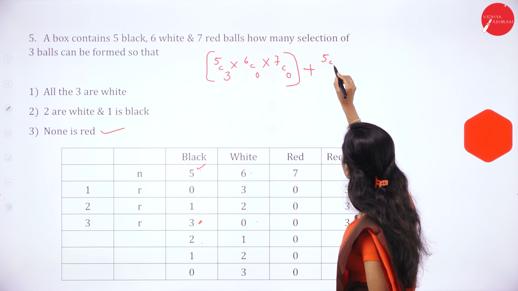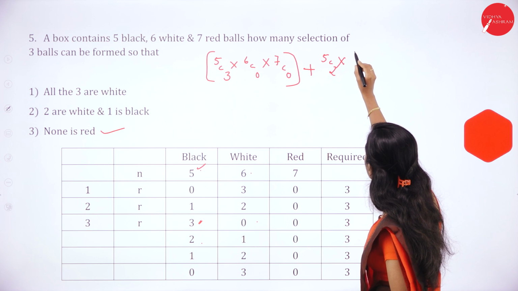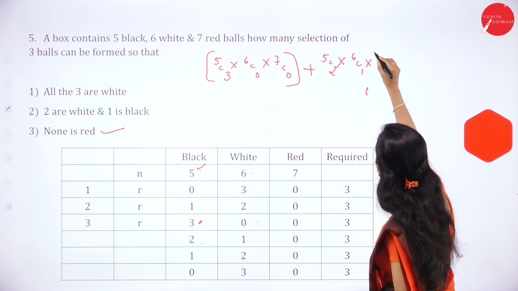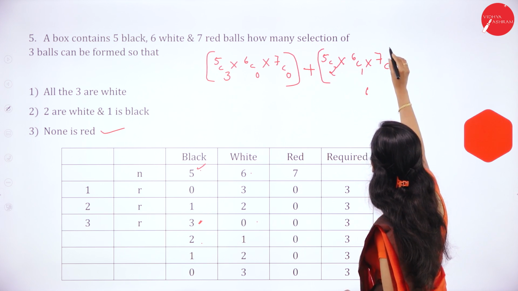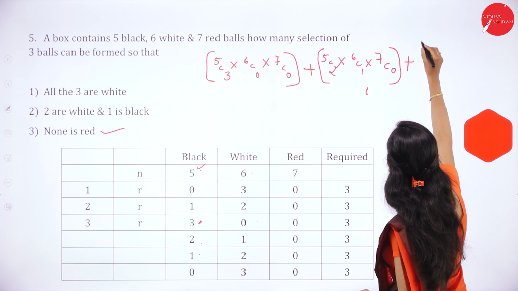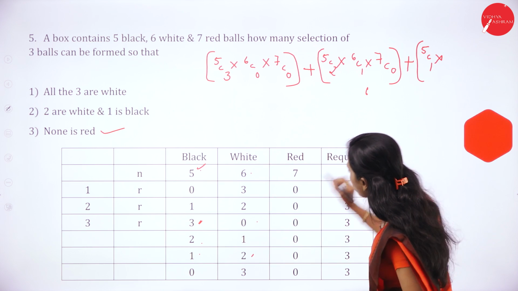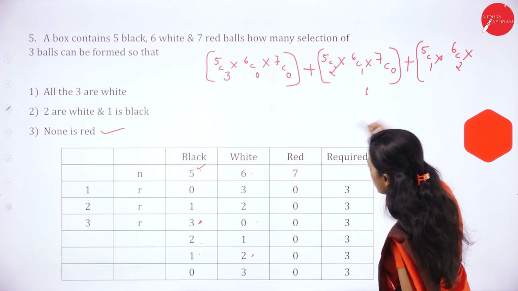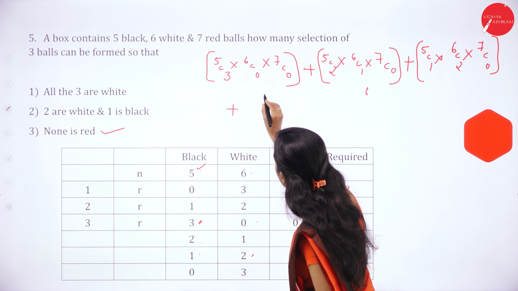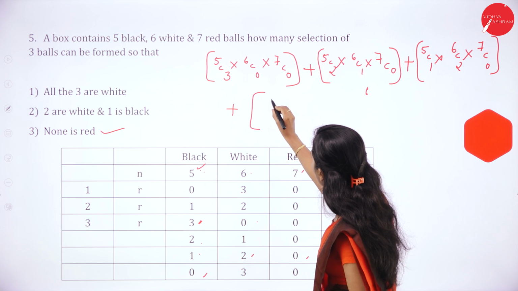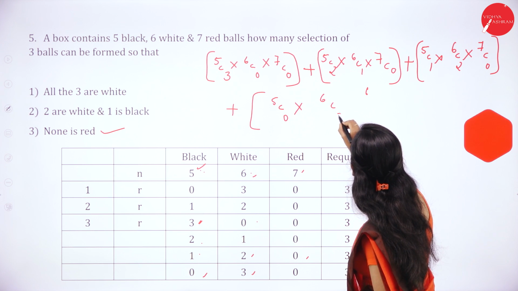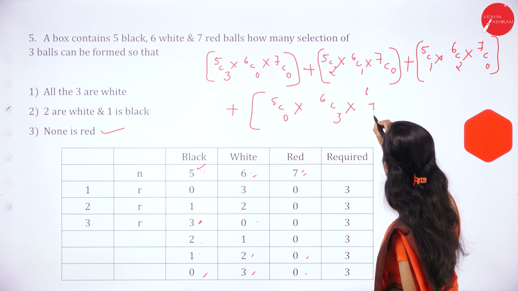5C2 into 6C1 into 7C0, plus 5C1 into 6C2 into 7C0, plus 5C0 into 6C3 into 7C0.